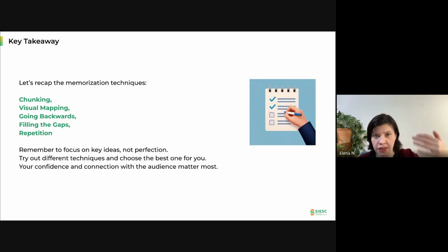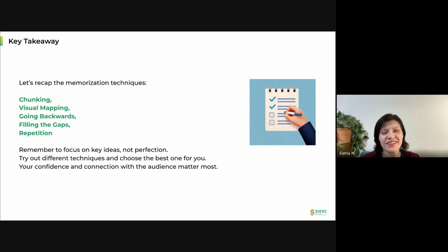The more you repeat the text that you want to memorize, the more likely you will be able to do it. So remember to focus on ideas, not perfection. If you skip one or two words, don't worry. Maybe people will not notice.